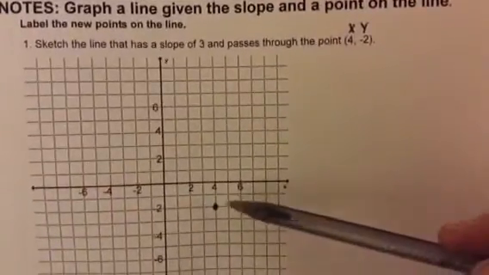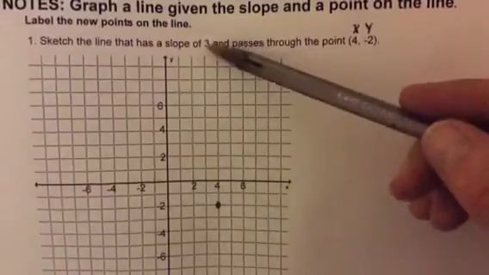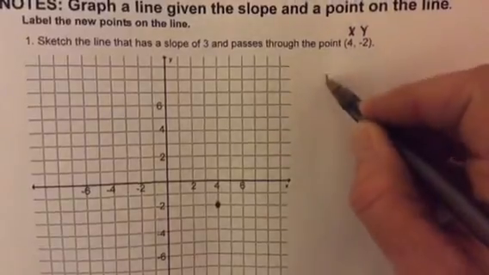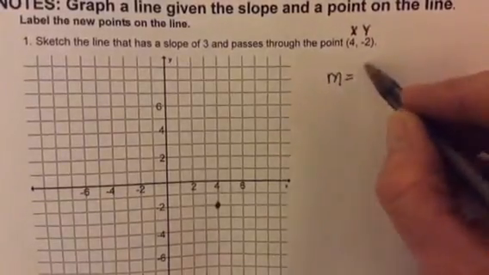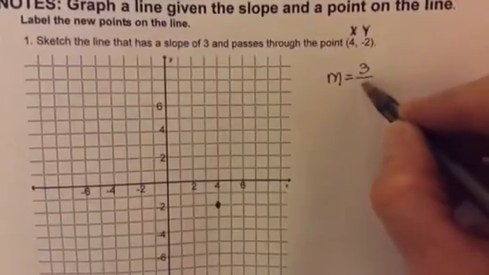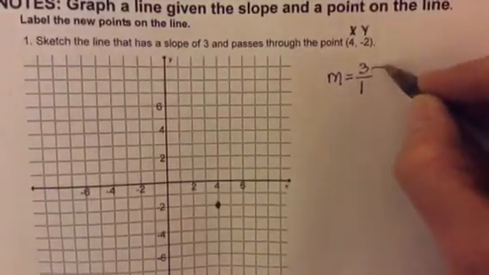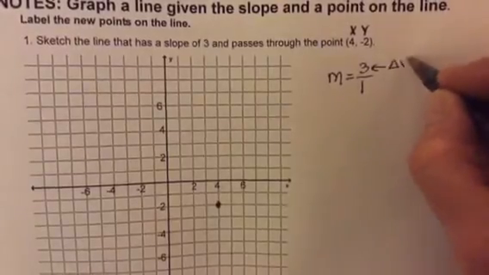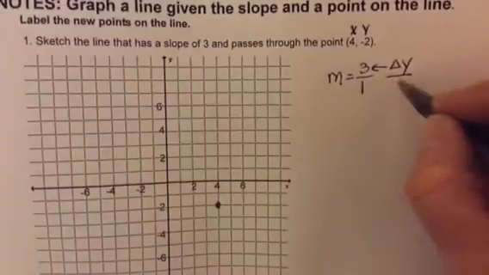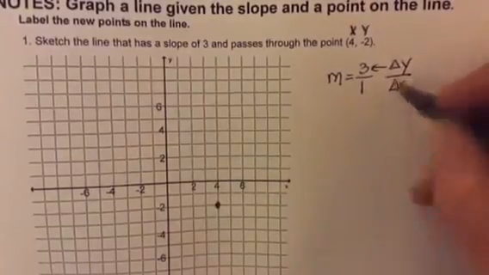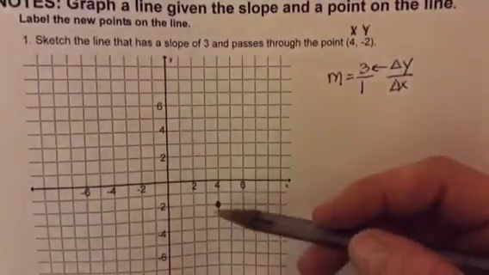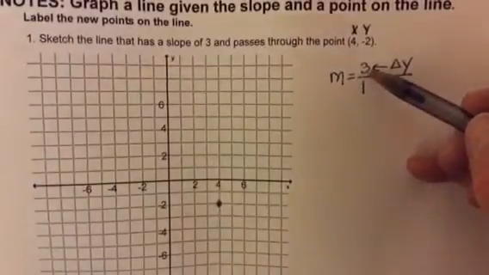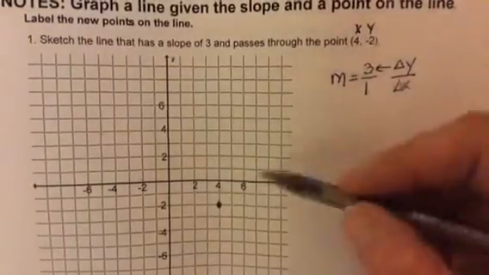Now we have an infinite number of lines that pass through that point, but this particular line is going to pass through it with a slope, which is called m, of 3, and we're going to make it a fraction, 3 over 1. The 3 tells us the change in the y's over the 1, which is the change in the x's. So we're going to find another point so that from this point to that other point, it has a change in y of 3 and a change in x of 1.